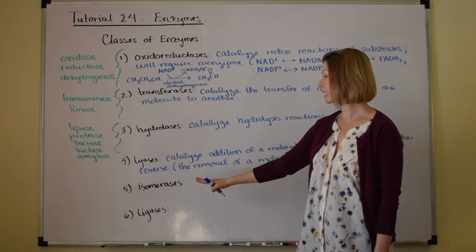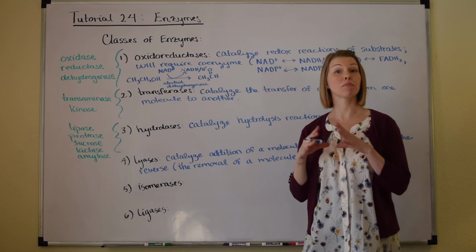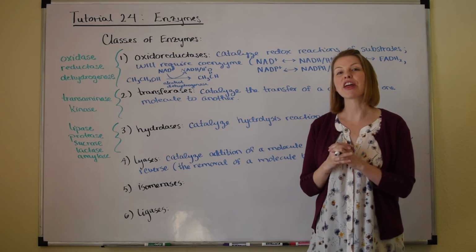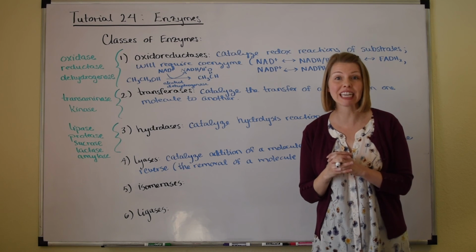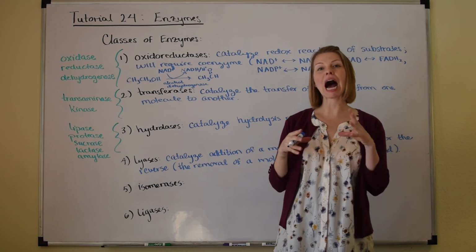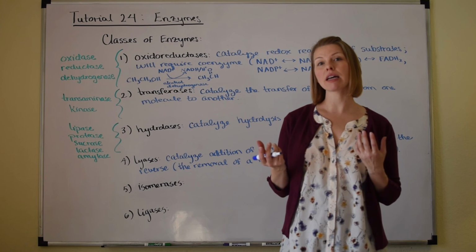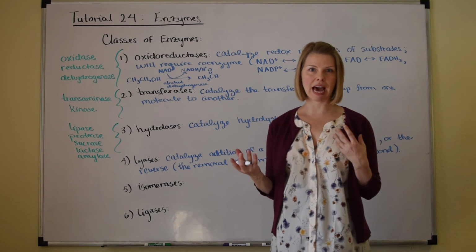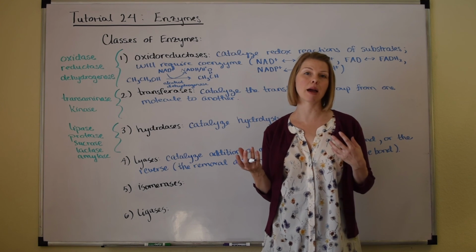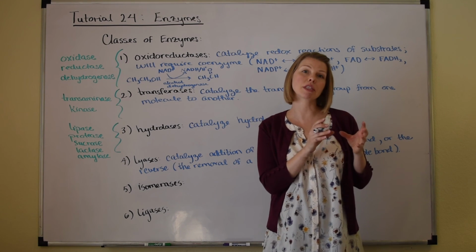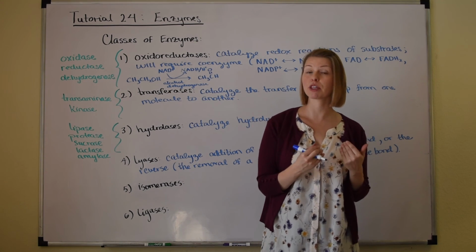Okay, isomerase enzymes, much like the name implies, they catalyze isomerization reactions. Remember that isomers are molecules that have the same molecular formula but a different connectivity of the atoms. So basically an isomerase enzyme just takes the atoms in a molecule and rearranges them somehow.